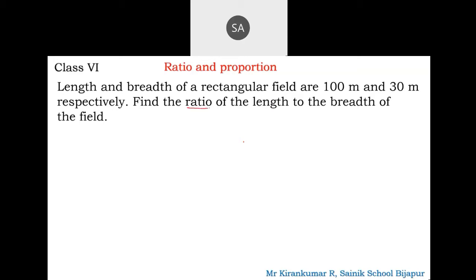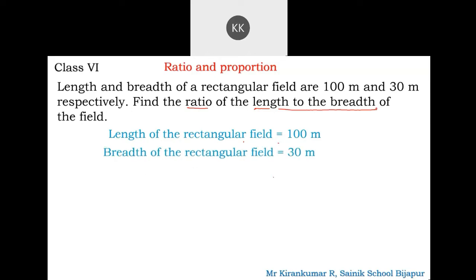10 is to 3. We have to look at this statement. They have asked length to breadth, so length is to be considered first, then the breadth. Here, the length of the rectangular field is 100 meter. The breadth is 30 meter.